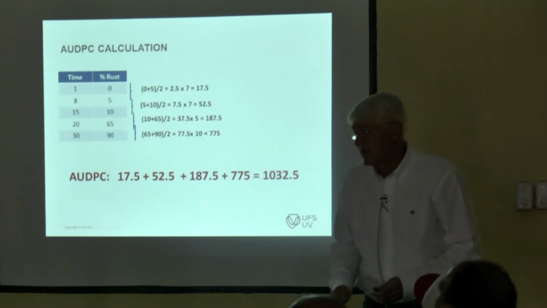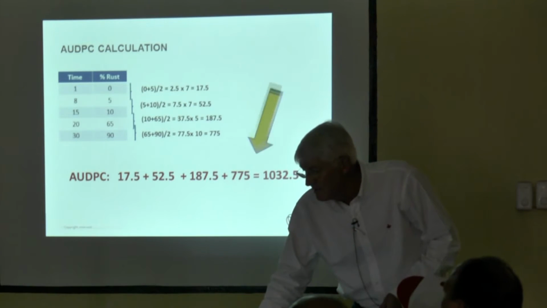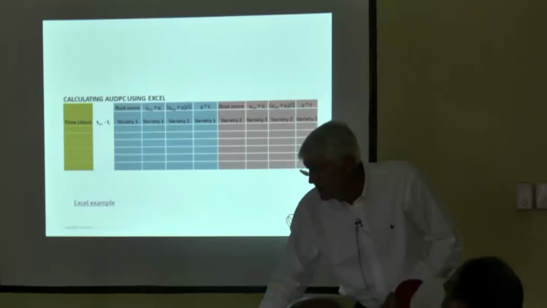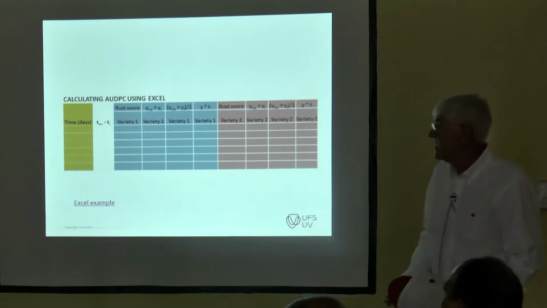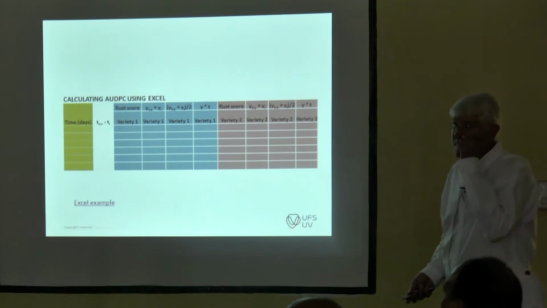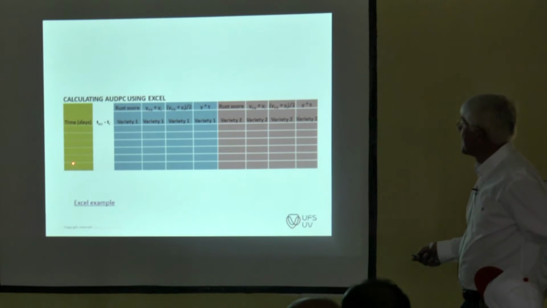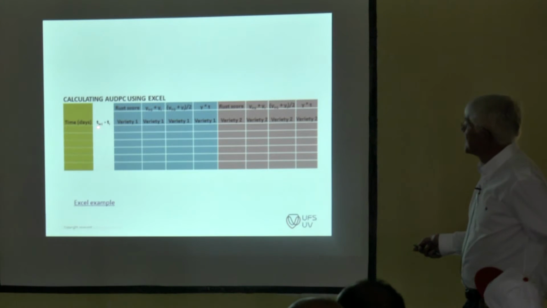So how do we do this? Using Excel. You just have to set up a worksheet where you have time in the first column. The second column would be the difference between the scoring dates, the number of days, the delta T as they call it. And then you have, in this case, 2 varieties, one in blue and one in pink.